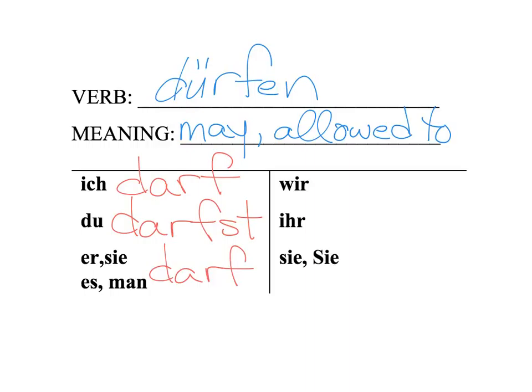So wir, not darfen, but dürfen, because it's based on the original verb. So the left side takes the A, and the right side keeps the original stem of the verb. So dürfen. Ihr, not dürfst, but dürft. And then sie and Sie: dürfen. There you go.